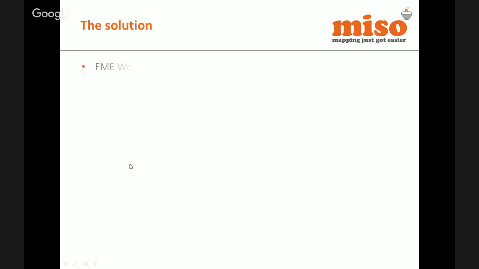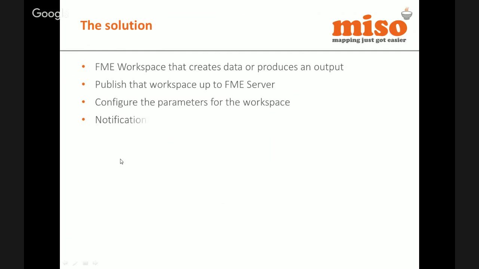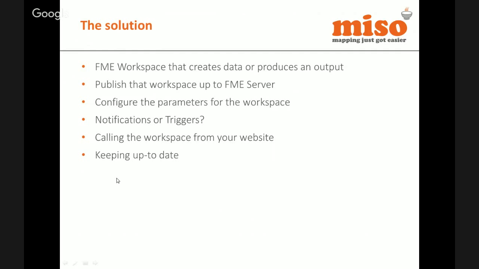Okay, so go back to an overview. In FME Server, we need an FME workspace to produce an output, so we can publish that workspace up to FME Server. Once we've done that, configure the parameters for the workspace, and then do we want any notifications or any triggers?